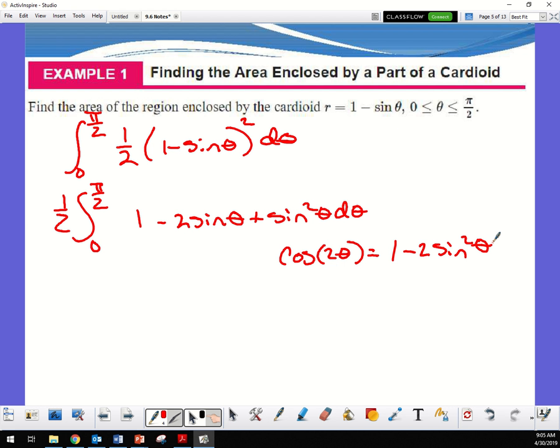So I'm going to use it and isolate sine squared, getting sine squared by itself. Subtract 1, and then divide by -2. If I subtract 1, it's going to be -1, but if I divide by -2, that's going to be +1.